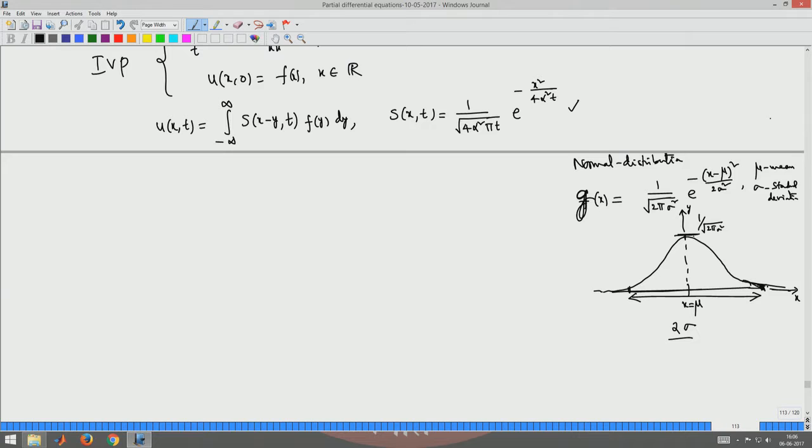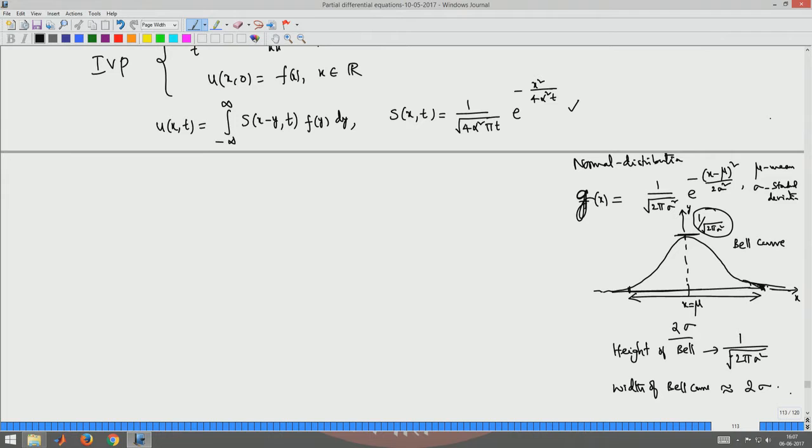So approximately, the height of the bell curve is 1 by square root of 2 pi sigma square, and the width of the bell curve is approximately 2 sigma.